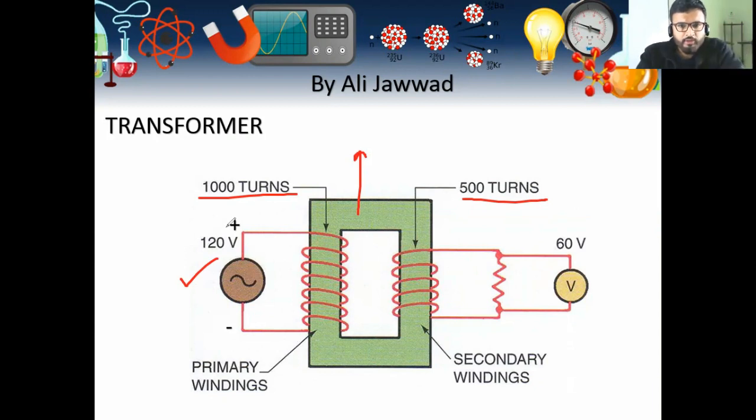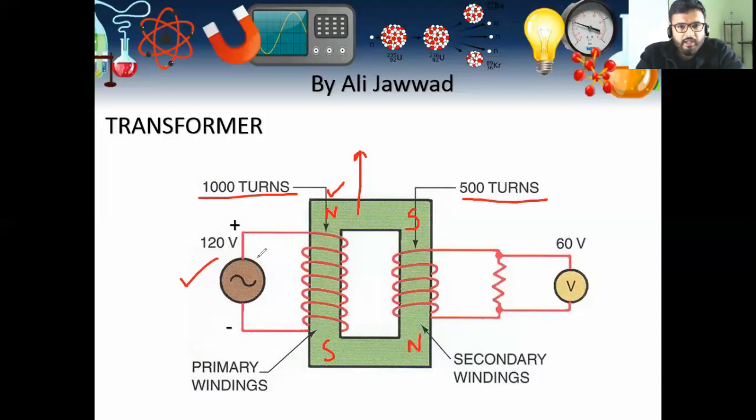So the upper portion of the coil will become north, and the lower portion will become south. Because of the influence and production of this north pole at this end, we can observe that a south pole will be induced at the other end. This is known as induced magnetism.